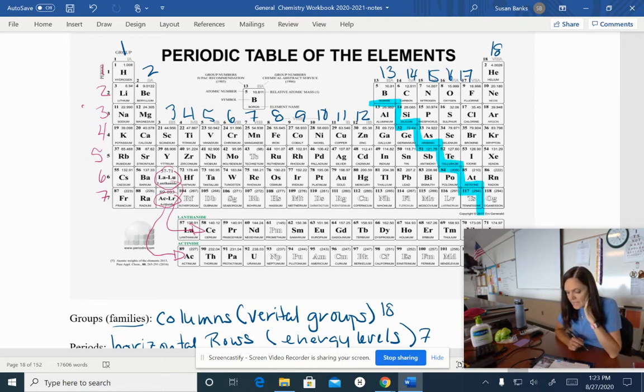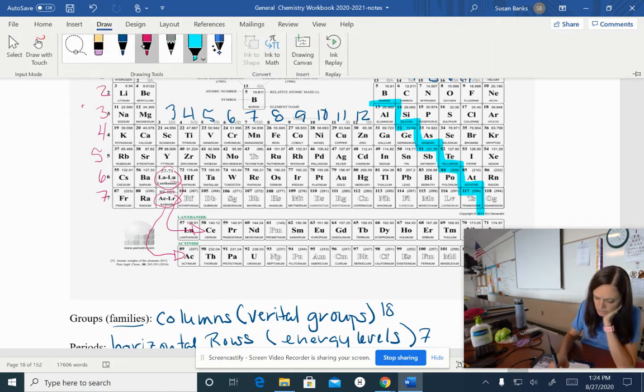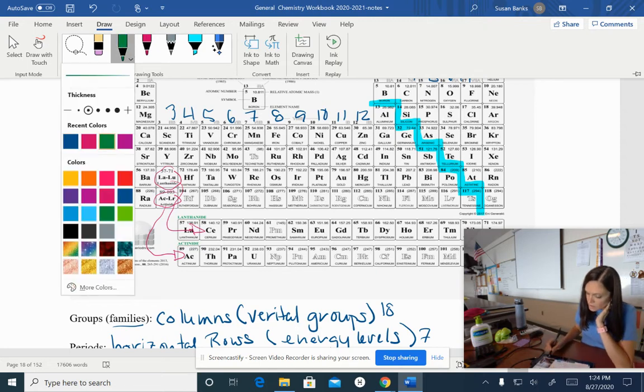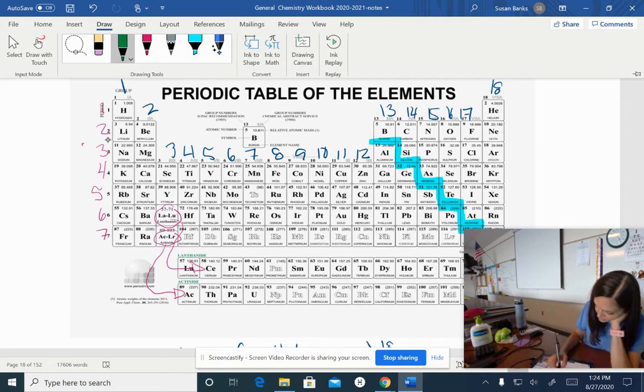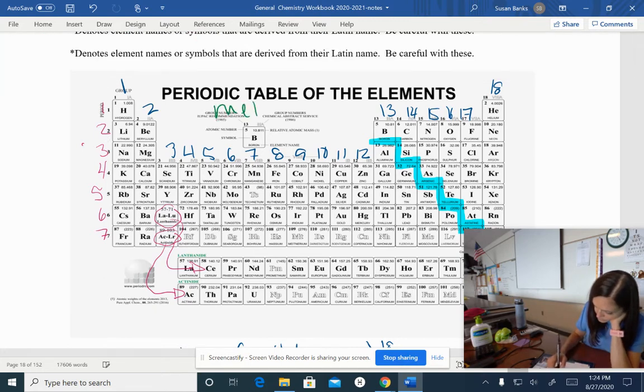Okay? That line separates the metals from the nonmetals. So let's change my pen again. So over here, left of this line are the metals. And then over here on the right of this line are the nonmetals.